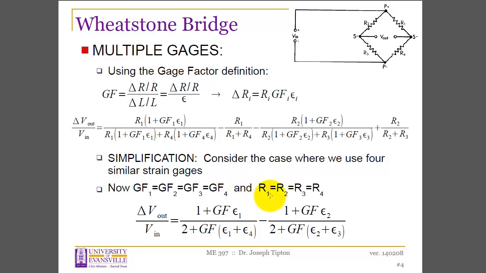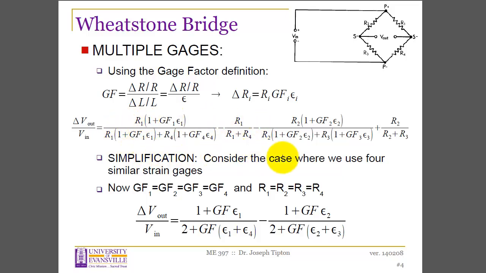And each strain gauge is also going to have the same initial resistance, so those 4 resistances are equal. And if we do that, for instance, this quantity would change from R1 over R1 plus R4. It would turn into R over 2R, or 1/2.